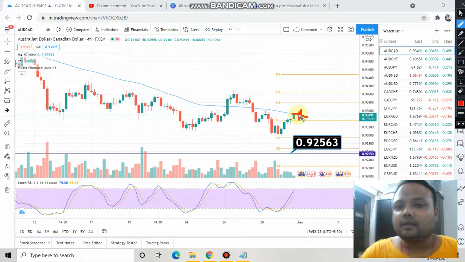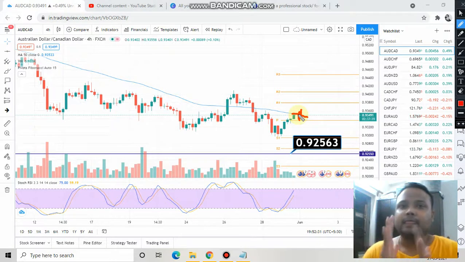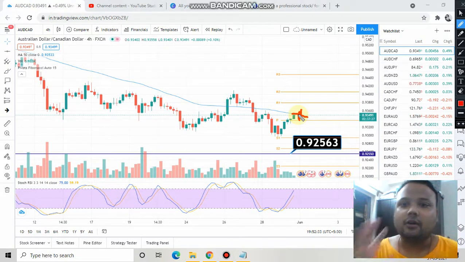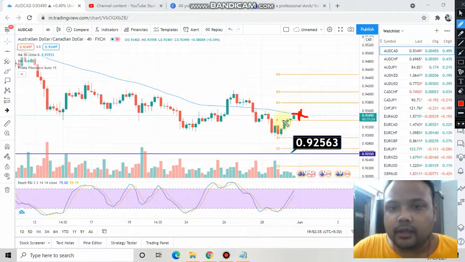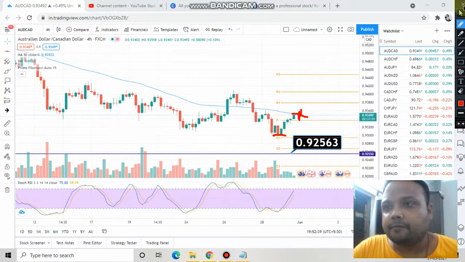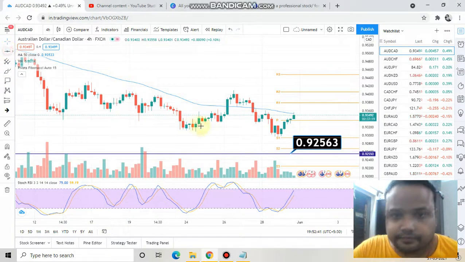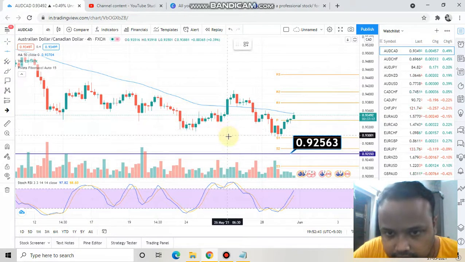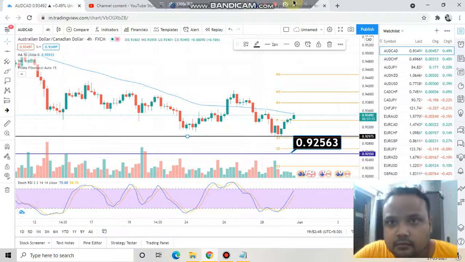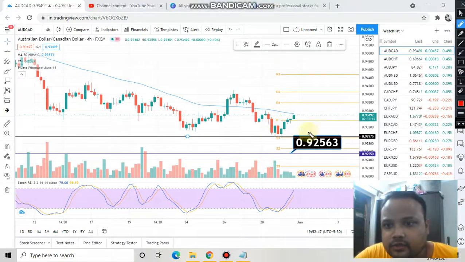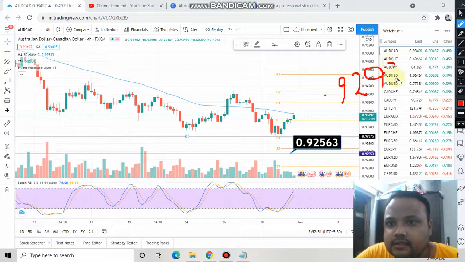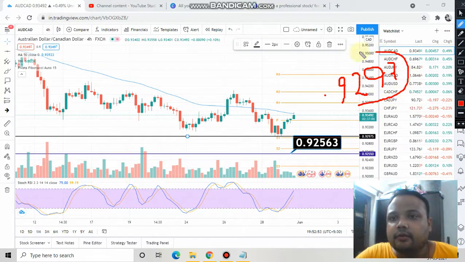This is the simple analysis and strategy for AUDCAD. Do remember one thing, in case you short the market, then this black line or this low is your first target, 0.9297.